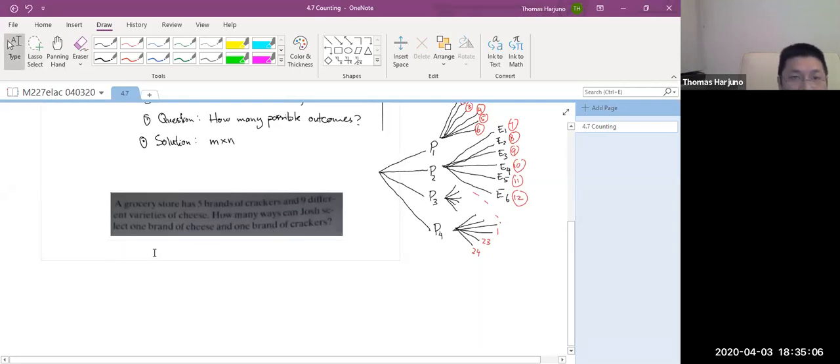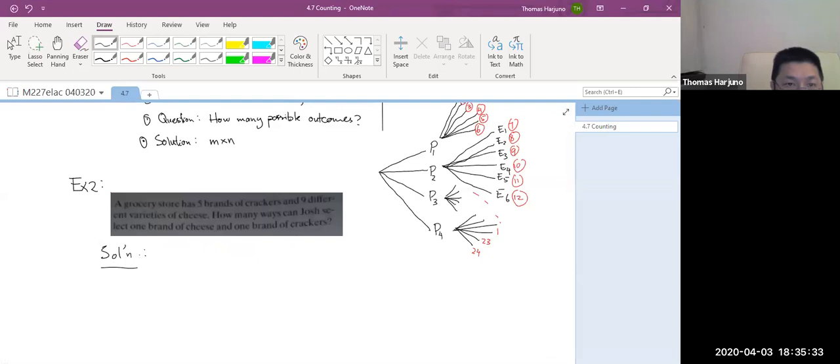A grocery store has 5 brands of crackers and 4 different varieties of cheese. For this example 2, how many ways can Josh select 1 brand of cheese and 1 brand of crackers? Solution. How many choices of cheese does Josh have? 9, that's right.